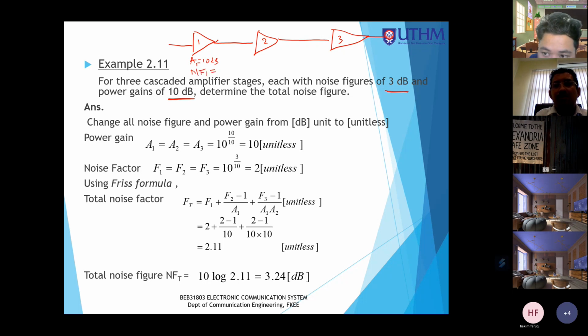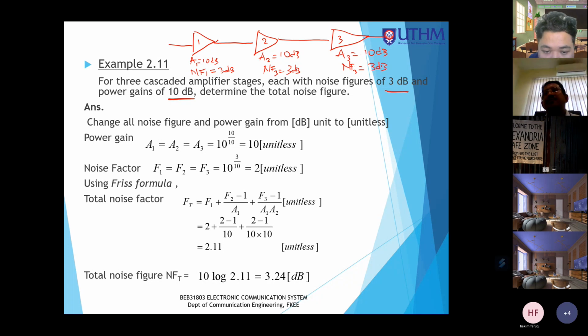NF1 is equal to 3 dB. Okay. So A2 is equal to 10 dB, same, dia sama. NF2 is equal to 3 dB. Similar with this one, A3 is equal to 10 dB. NF3 is equal to 3 dB. Okay. And then what?